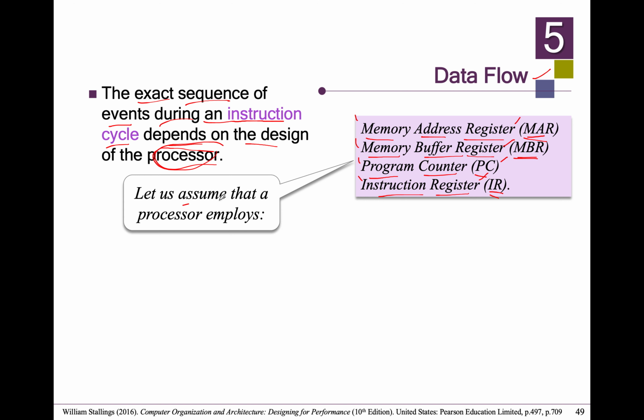So let us assume that a processor is equipped with this kind of thing: MAR, MBR, PC, and IR. Maybe this is a new term for you, but maybe some of you already know about it.